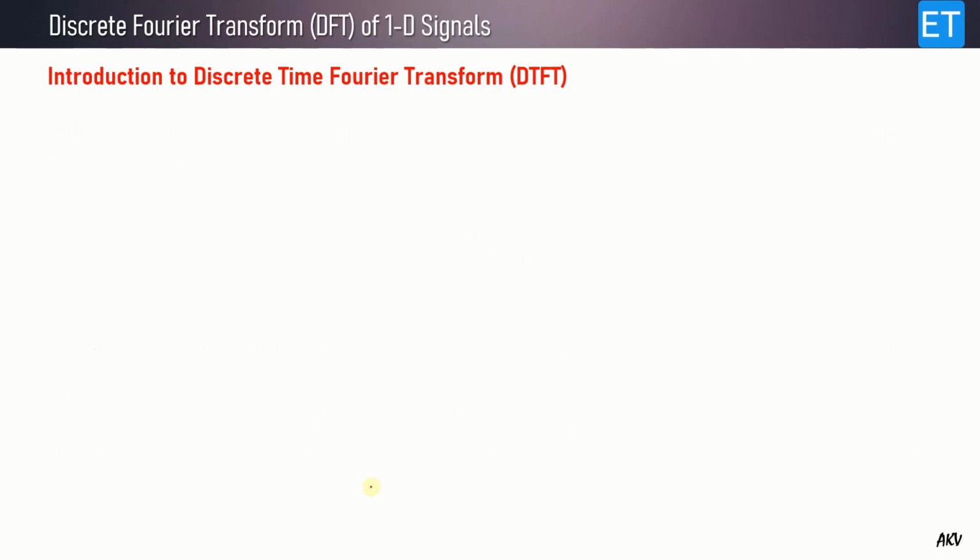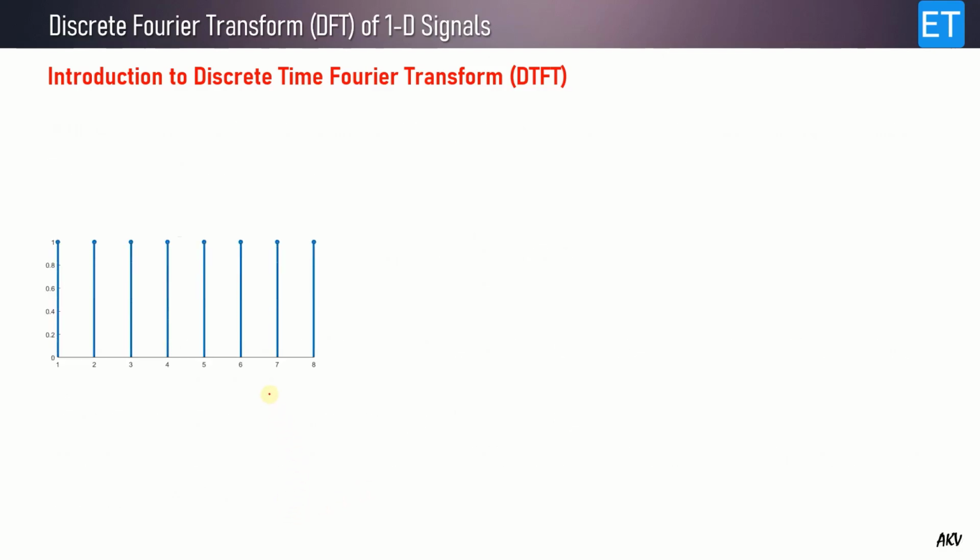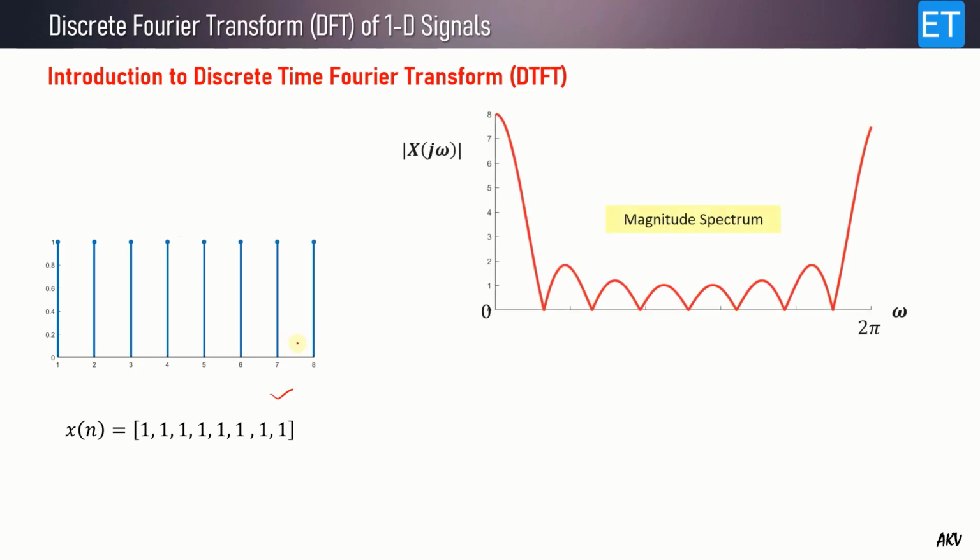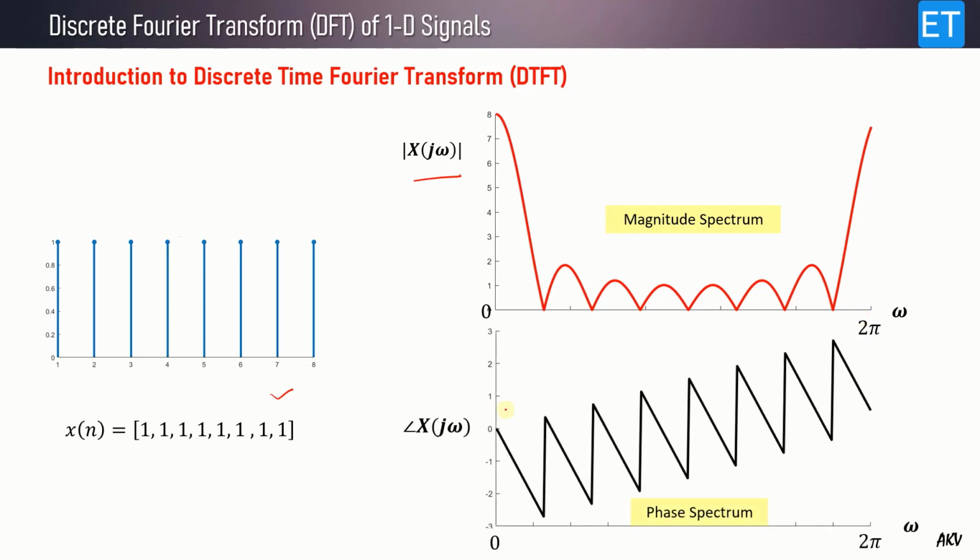So just consider this signal x[n], which has 8 samples, all equal to 1. And this is its DTFT magnitude spectrum, which ranges from 0 to 2π. And this is the phase spectrum, that is the angle of X(e^jω) in the range 0 to 2π, right? Here we can see that this spectrum is a continuous function of omega, right?